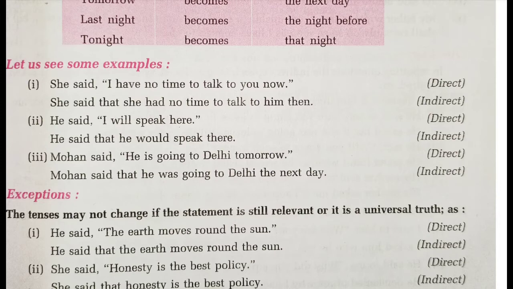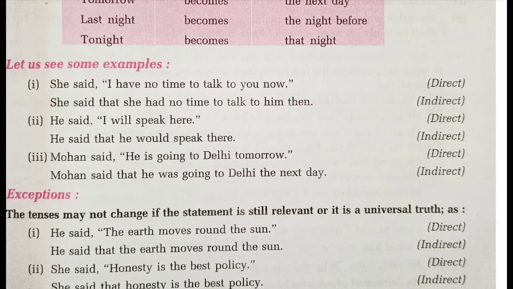So she said that she had no time to talk to me then. He said, "I will speak here." He said that he would speak there. Mohan said, "He is going to Delhi tomorrow." Mohan said that he was going to Delhi the next day.